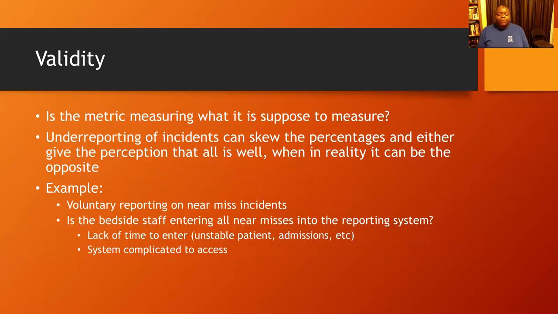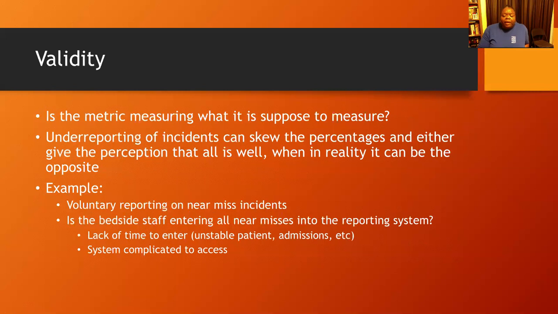An example is the voluntary reporting of near-miss incidents or even falls in the hospital. So say a near-miss occurs and the staff members involved get distracted by another emergency, and they fail to report it. So your number of near misses is inaccurate, which makes your data invalid.